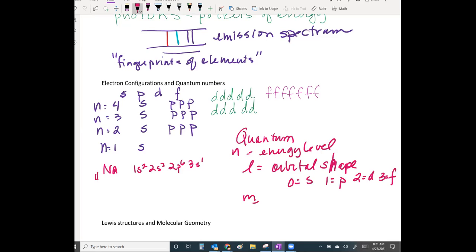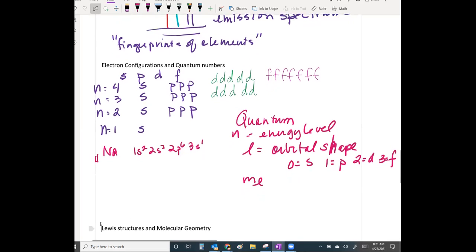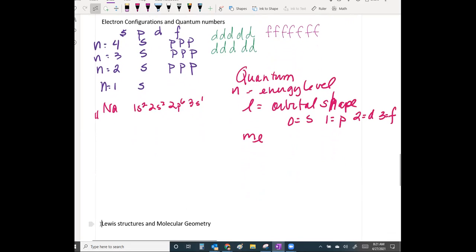The ml tells us the orientation, or the room number.